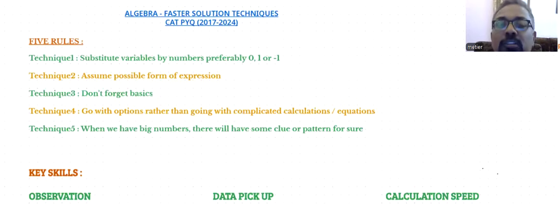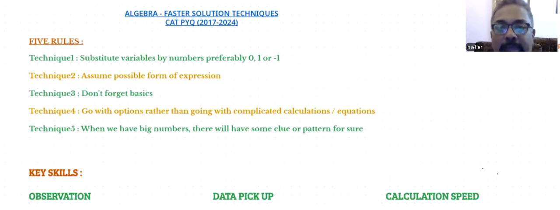Paper setters follow the basics. Paper setters have the concepts. So they want to put you in that concept. If you keep your head calm, you can easily solve it by assuming small numbers and finding out the pattern.